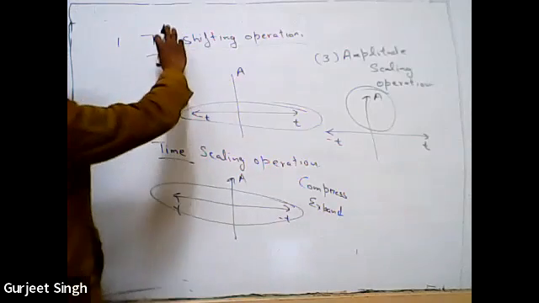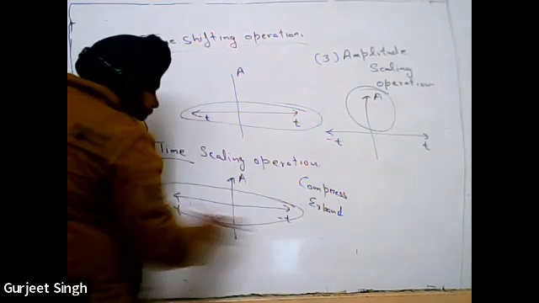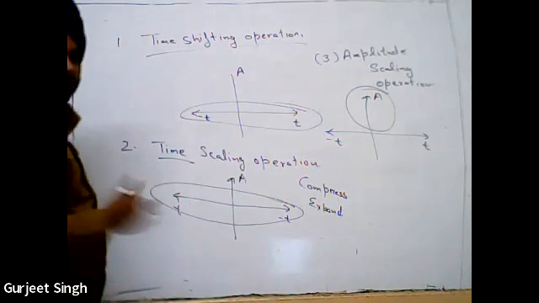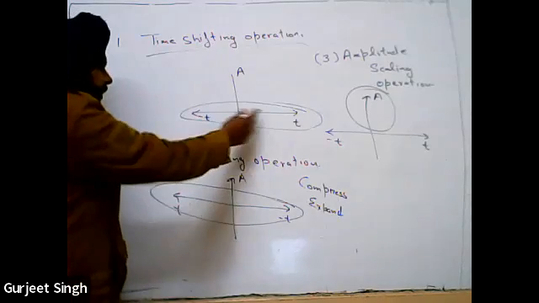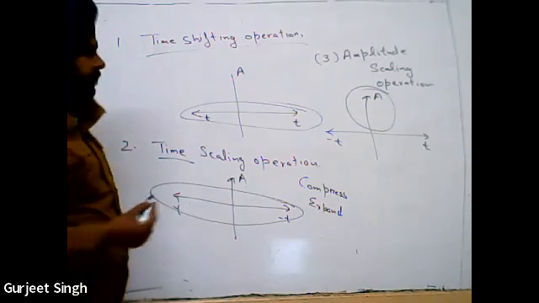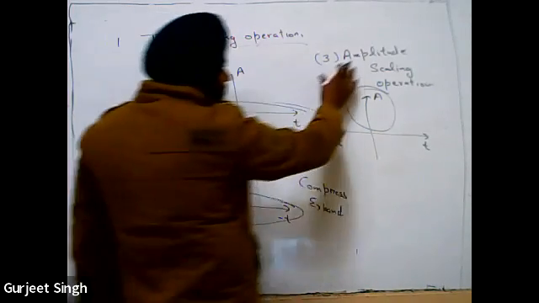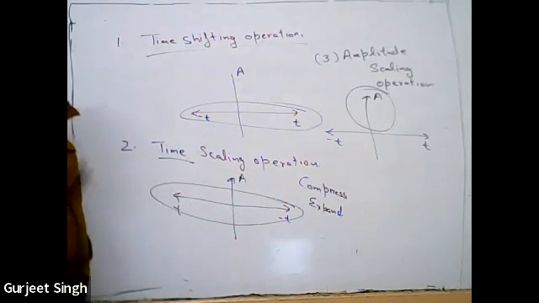So these two operations, time shifting and time scaling, are performed along the x-axis, because time shifting and time scaling are related to the time axis. The third type, the amplitude scaling operation, is performed along the amplitude.